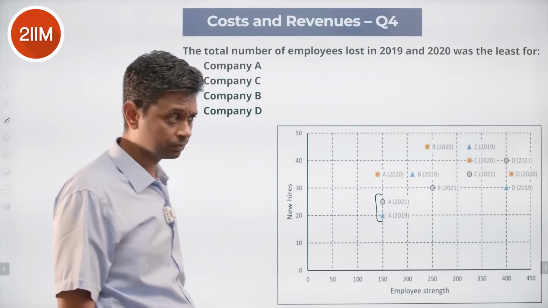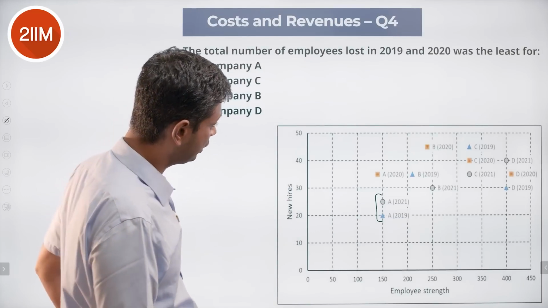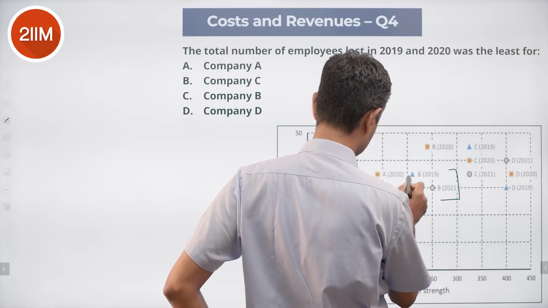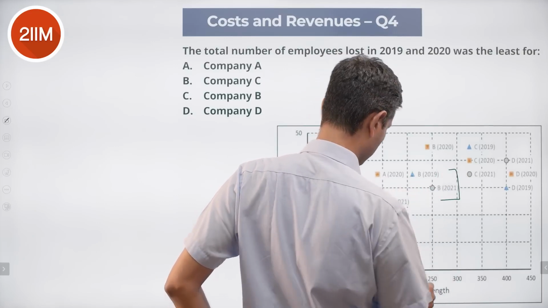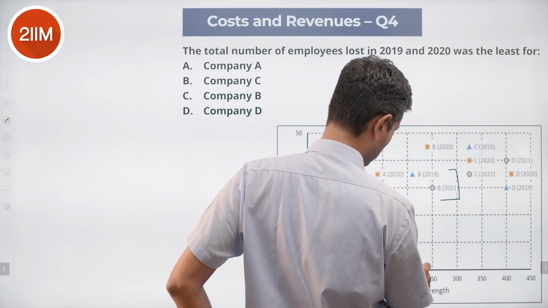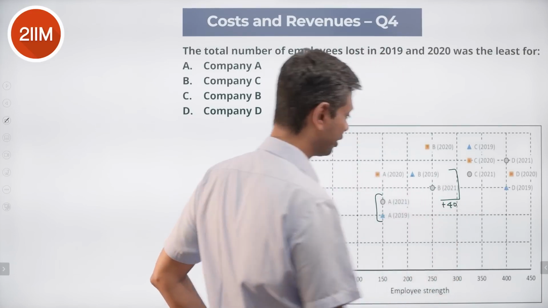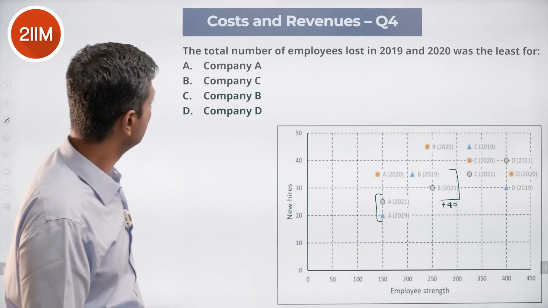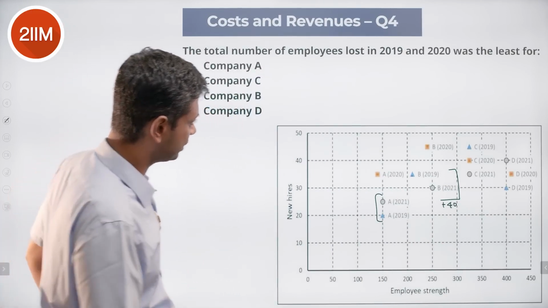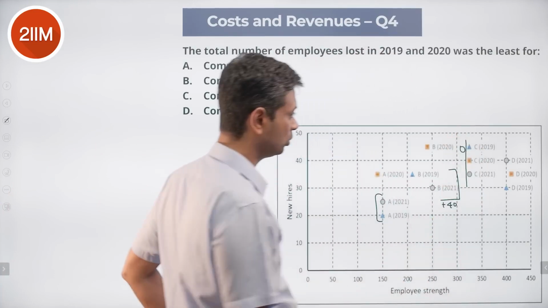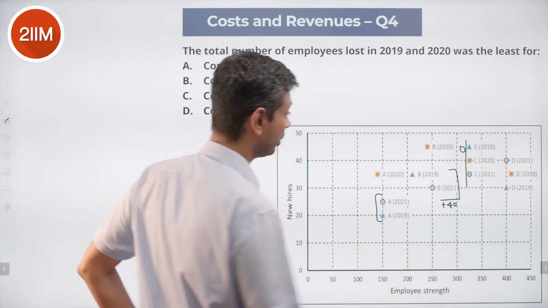No change. 19 to 21, I've gone from say 210 to 240, this is plus 40. B has added 40 people. C is flat, same, 0. Net change is 0. D 19 to 21 is 0.